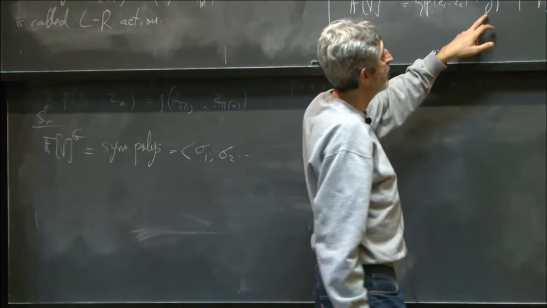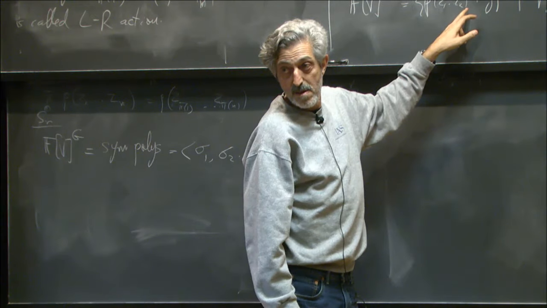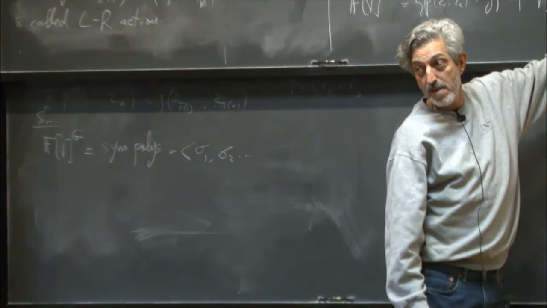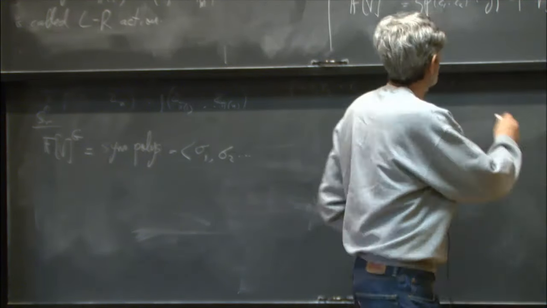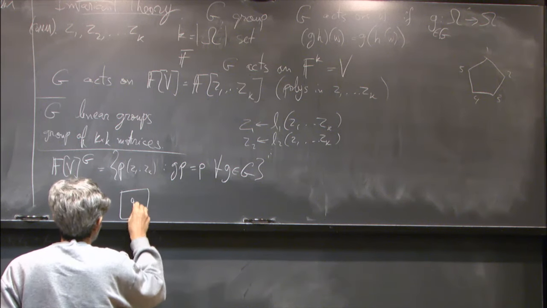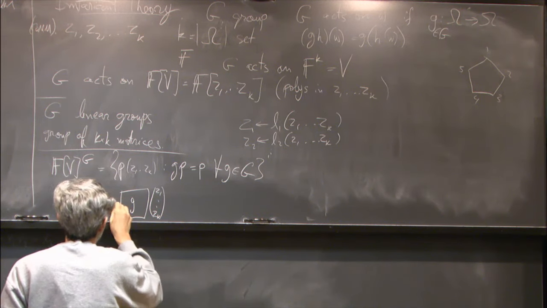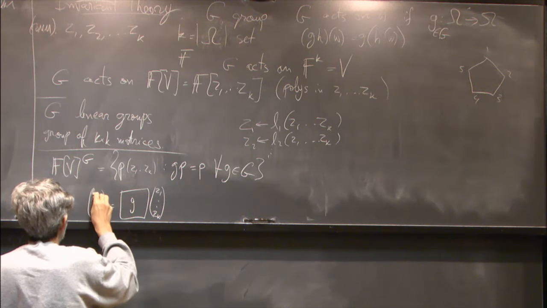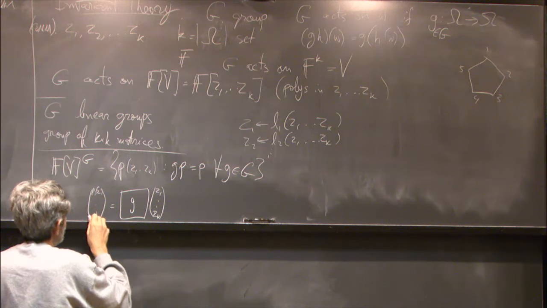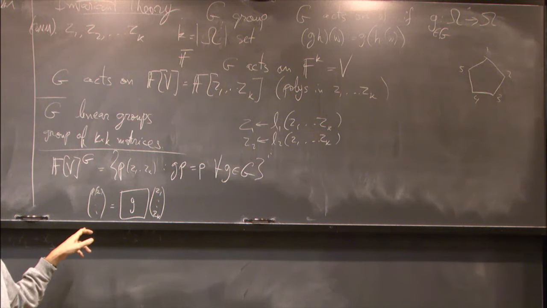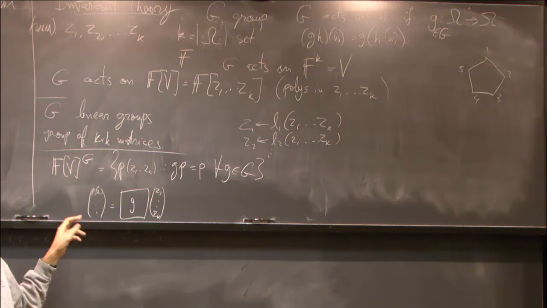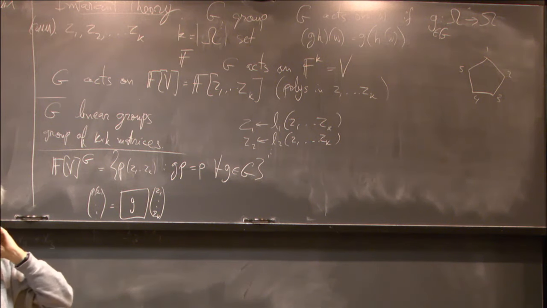And in general, if g is a matrix and Z is a bunch of variables, you apply it to the vector Z1 up to Zk, and you get another vector, L1 of Z. And this is what you plug in your polynomial. So you didn't really have to define pi p.